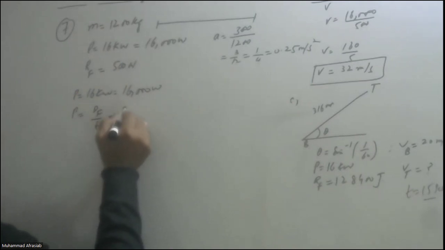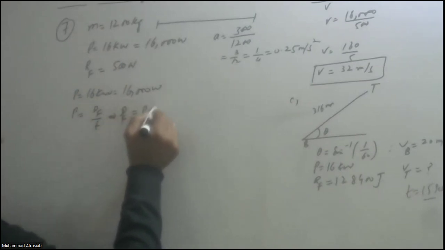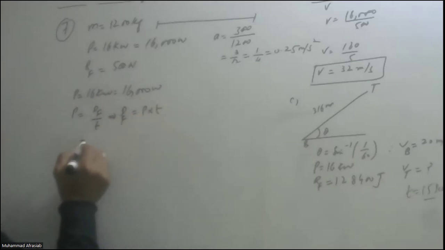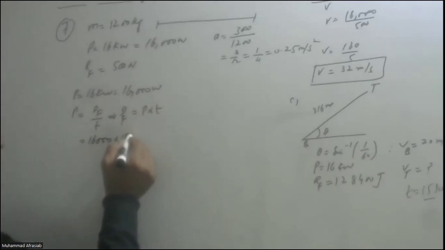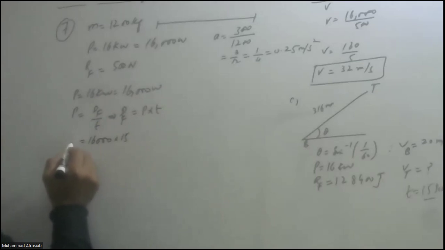So this implies that the work done by the driving force will become power times time. So that thing will be equal to 16,000 times time, which is given as 15 seconds. So that is the driving force work of that engine there.